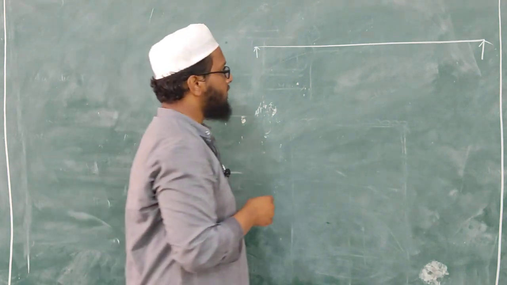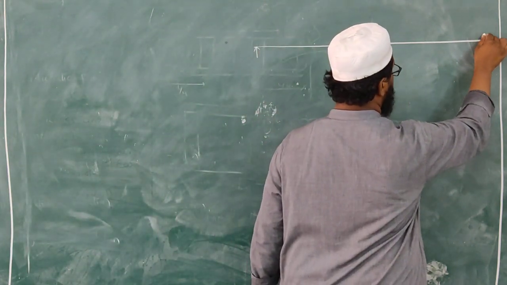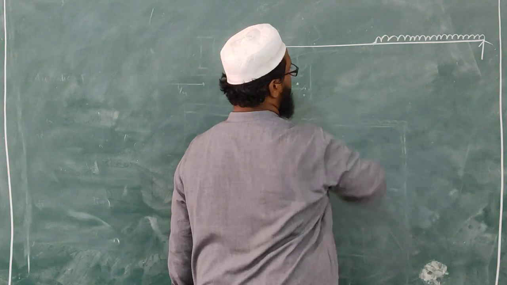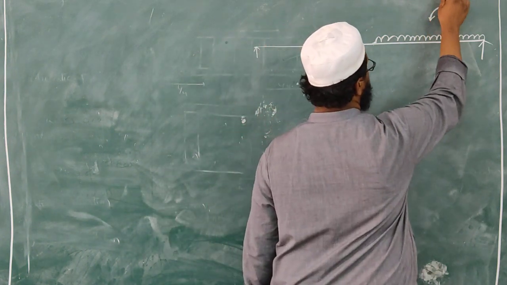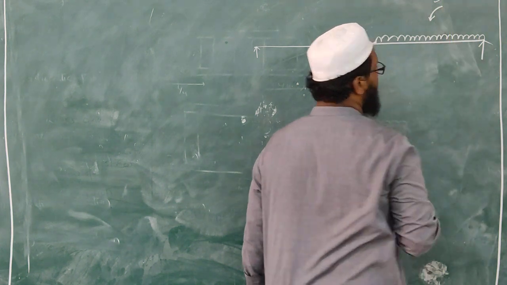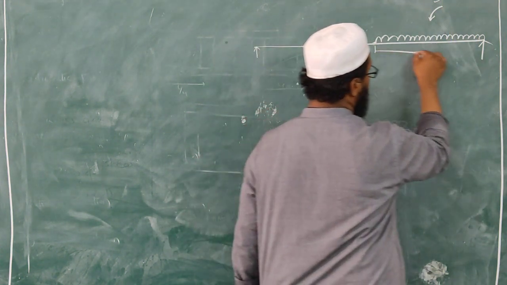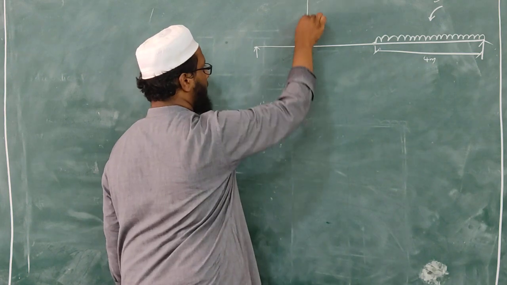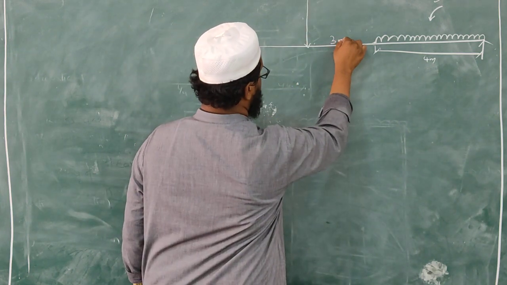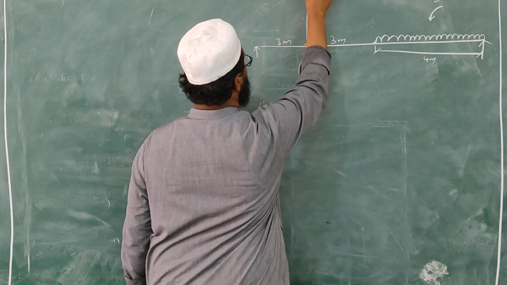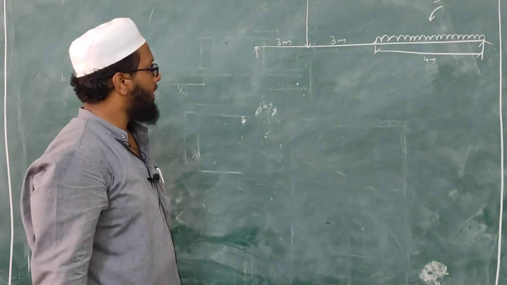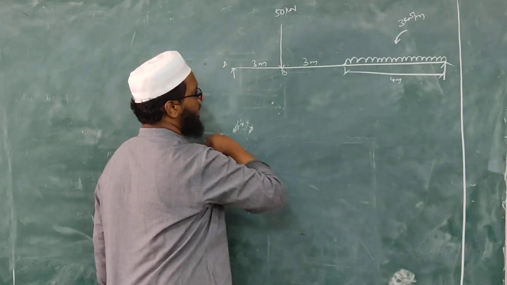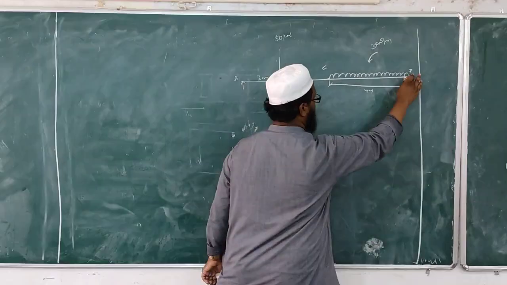So let us take the beam as having a UDL of intensity 3 kilonewton per meter over a span of 4 meters, and one point load of 50 kilonewton after 3 meters from the UDL. I will mark the points A, B, C, D.